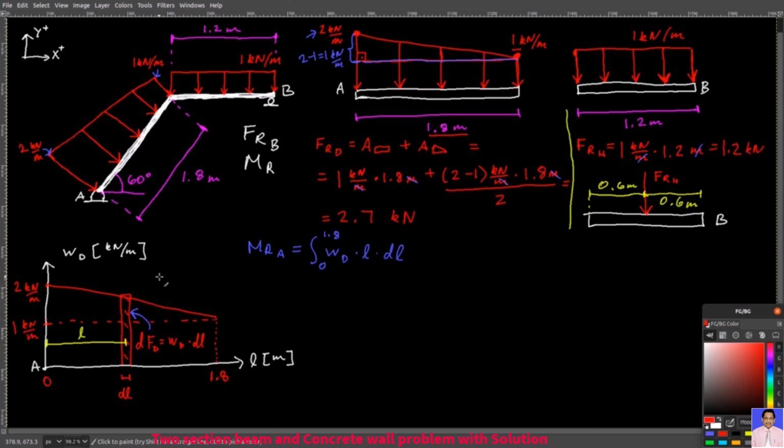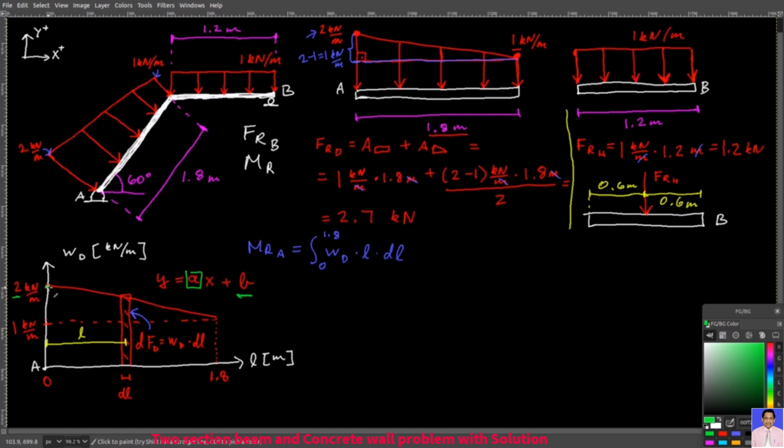Essentially this function is like a times x plus b, so it's a straight line function. Now you know that this b, it's 2 kilonewtons over meter, because this is where this line crosses this vertical axis. And you also know that your a is negative because it's your slope. It's the slope of this line, but your line is going down, so the slope has to be negative.